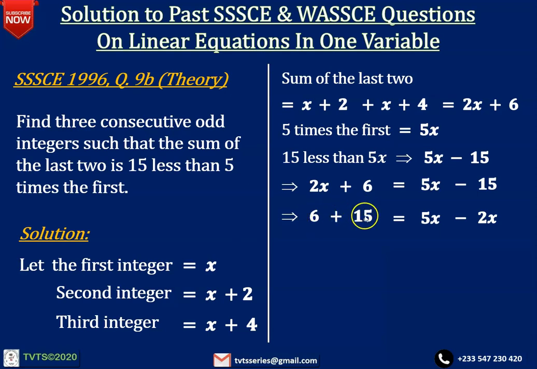Six plus 15 is 21. And 5x minus 2x is 3x. Dividing both sides by 3, we have x to be equal to 7.